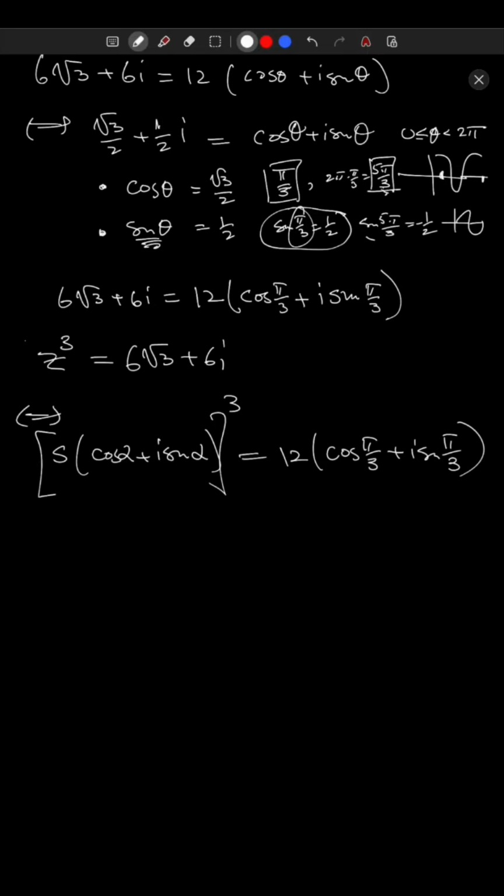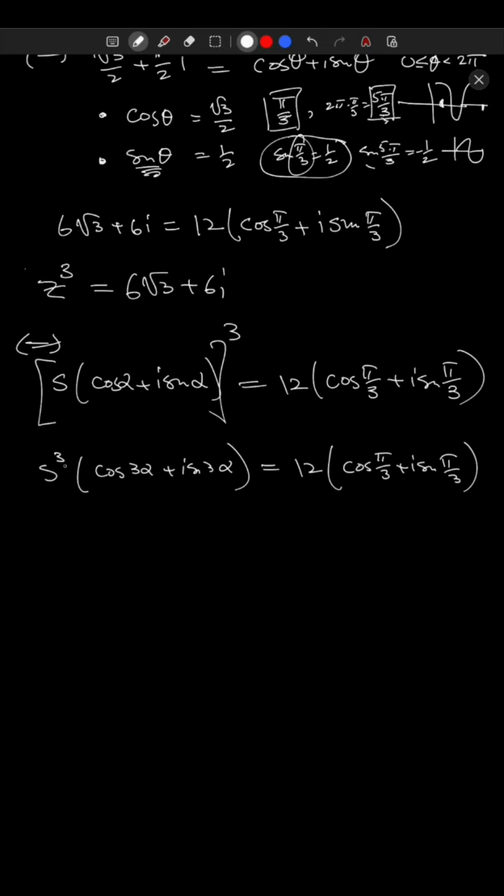All right. Okay, so what does that mean? Using de Moivre's theorem, we know that the left-hand side is s cubed cosine 3 alpha plus i sine 3 alpha. All right. And the right-hand side is still the same, cosine pi over 3 plus i sine pi over 3. All right. So immediately I know s is cube root of 12. All right. We can't simplify that anymore, so let's just leave it like that.